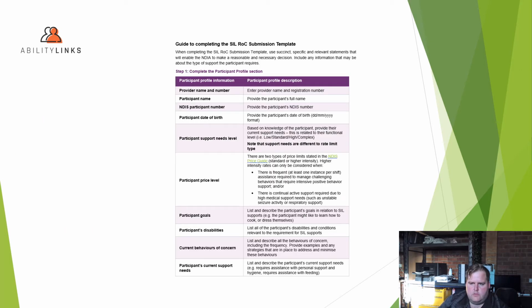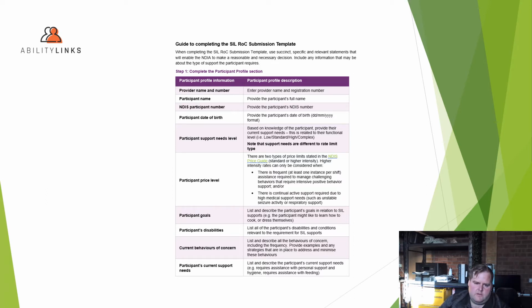So looking at our SIL ROC submission template, this is still the Word document. It's important to include the provider name and number, participant number, date of birth, all the standard components you'd see on most NDIS forms. Participant support need level, that's determined by the number of interactions that are involved in supporting a participant.